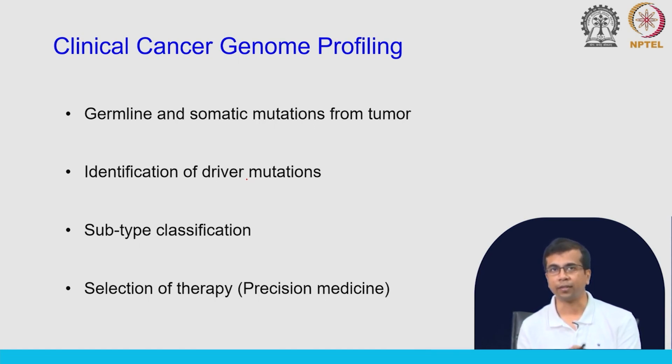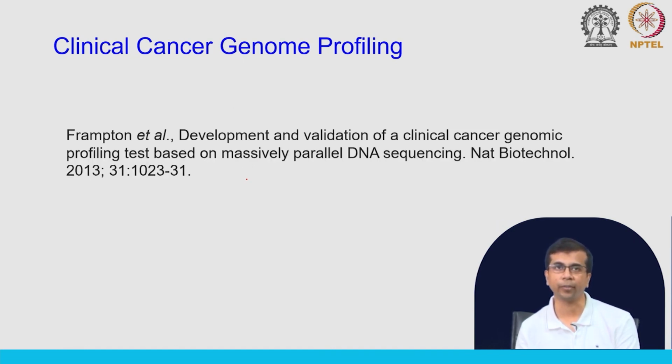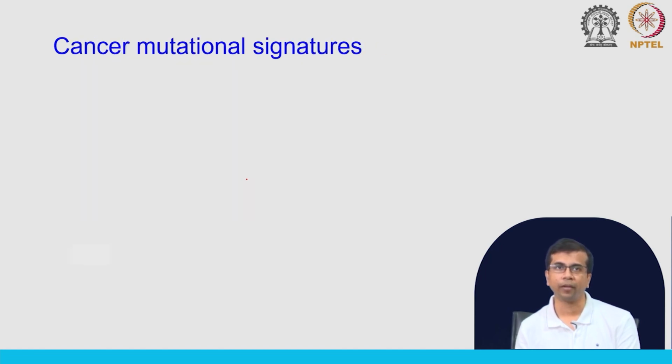So, this variant calling process is very important for identifying the genetic basis of these diseases and also identifying the therapy. Here is a paper that you can read, which discusses the validation of clinical cancer genome profiling based on DNA sequencing methods, and this will give you a good overview of the whole process.